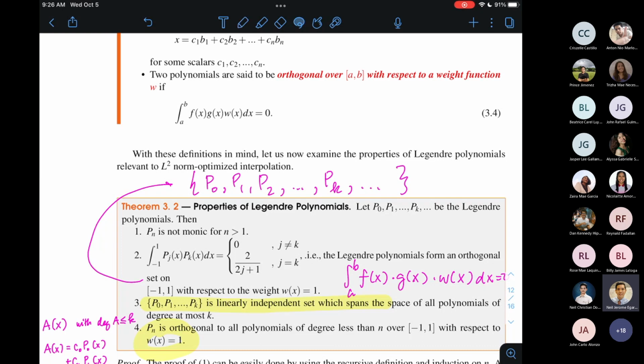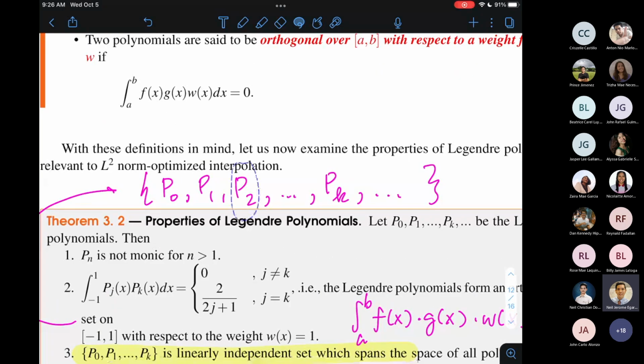So that means if I pick any two Legendre polynomials na magkaiba, tapos in-integrate ko sila over the interval -1 to 1, ang sagot ay laging equal kay 0. Yun yung ibig sabihin na orthogonal family or orthogonal set yung Legendre polynomials. Kasi pag kumuha ka ng kahit anong dalawang magkaibang Legendre polynomial, ang integral niya from -1 to 1 ay laging equal kay 0.